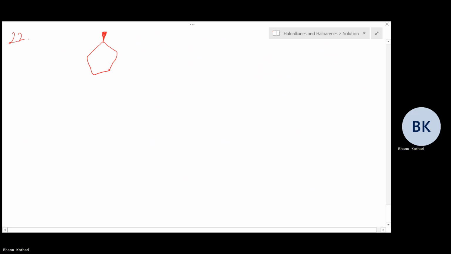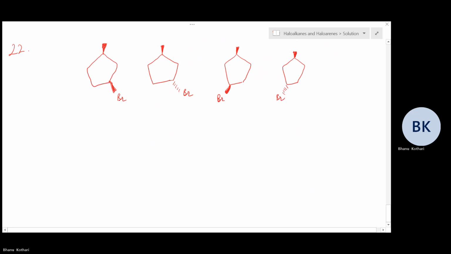One will be this product, and the enantiomers of these products. These are the four products that will be formed.